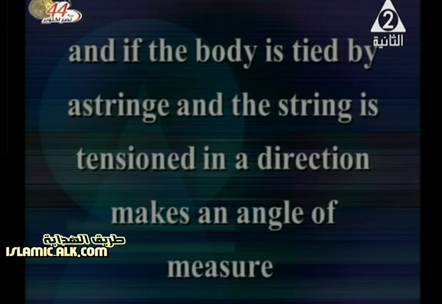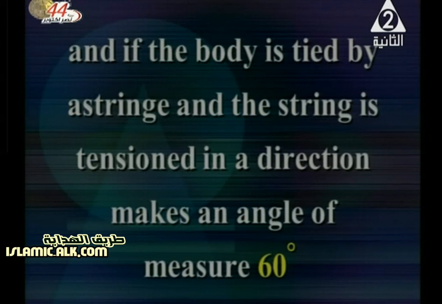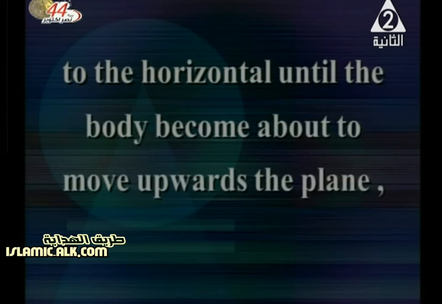And if the body is tied by a string and the string is in tension in a direction that makes an angle of measure 60 degrees to the horizontal until the body becomes about to move upward the plane.